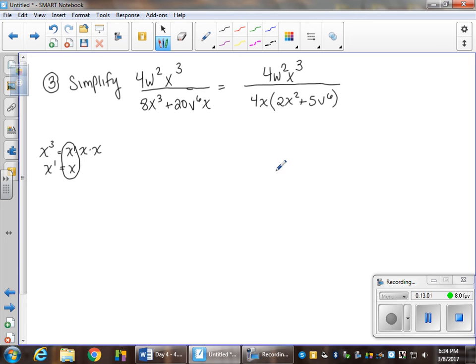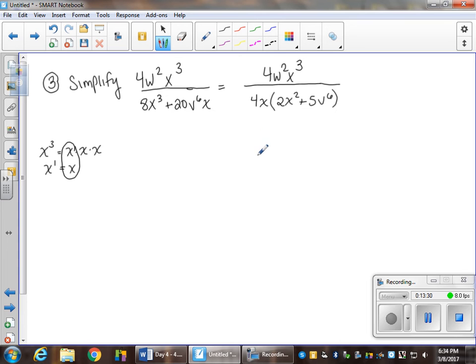Now, in terms of taking out the greatest common factor, you know you've done it correctly if you look inside the parentheses and there's nothing in common. 2 and 5, no greatest common factor. X squared and v to the 6th, also no greatest common factor. Okay, we are actually not done simplifying though, because now that I've factored out 4x, I can simplify the numerator and the denominator.